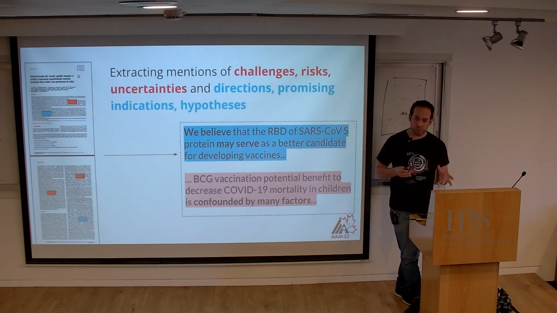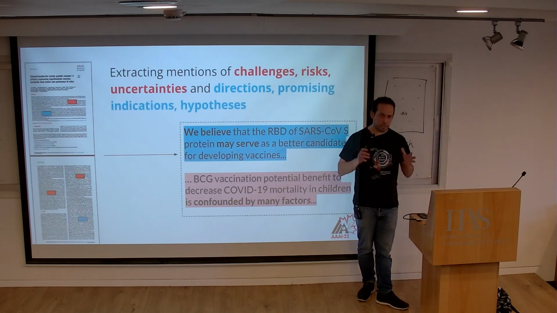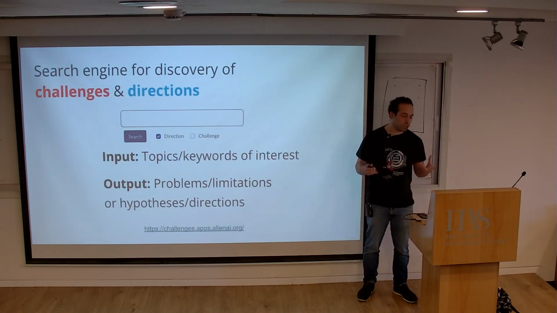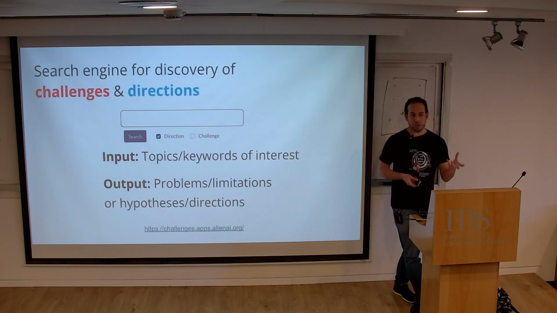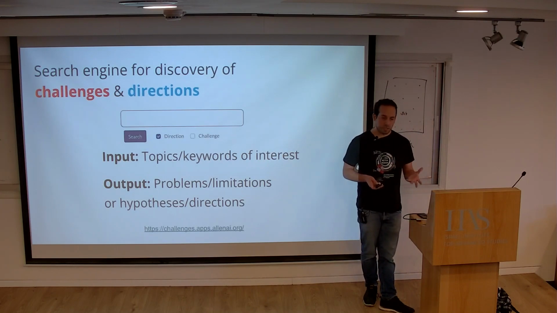So these are just two examples of hypotheses and challenges out of many, obviously, that are out there in the literature. So we want to be able to build a search engine that can help us find these things, where you can input the topics or keywords you care about, and then find the problems, limitations, or directions and hypotheses.